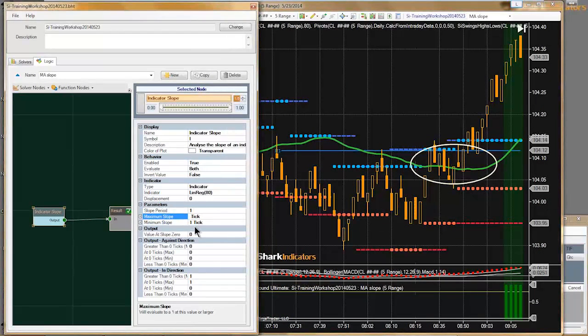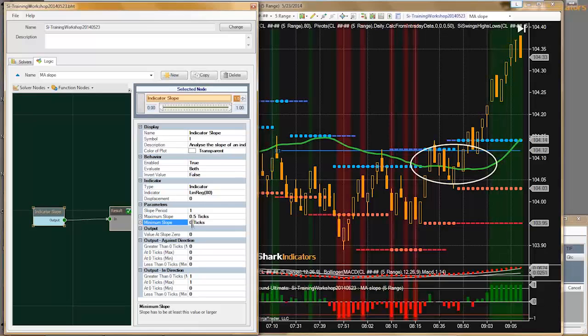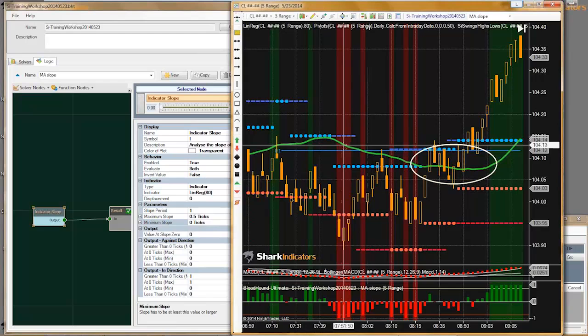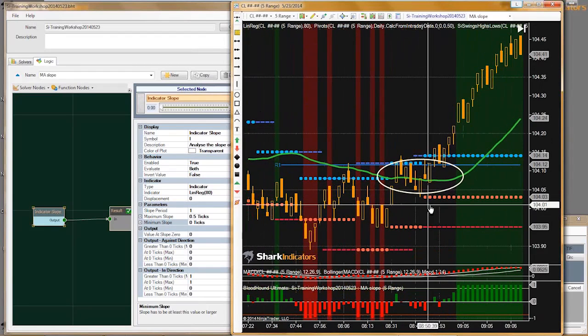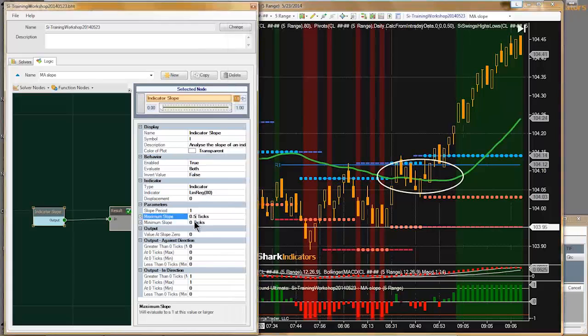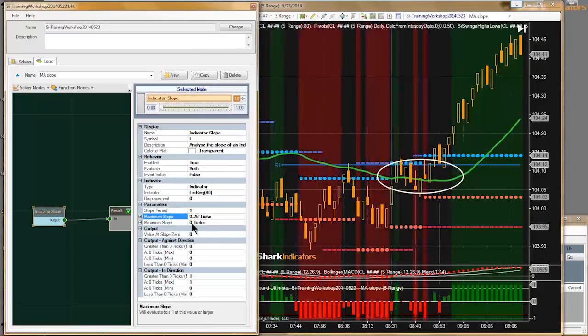However, let's say 1 tick is a little too steep. Let's try 0.5 ticks and see how that works. And I'm going to set the minimum back down to 0. Half a tick still looks to be a little steep, so let's knock it down to 0.25.